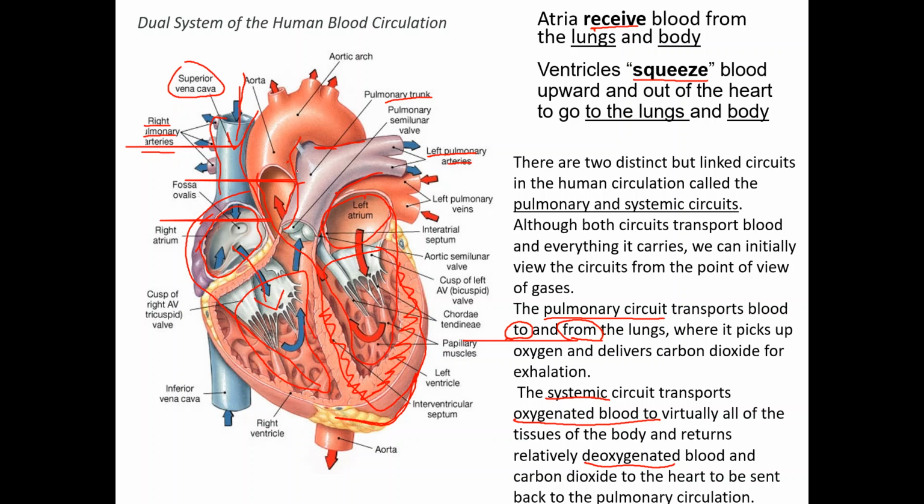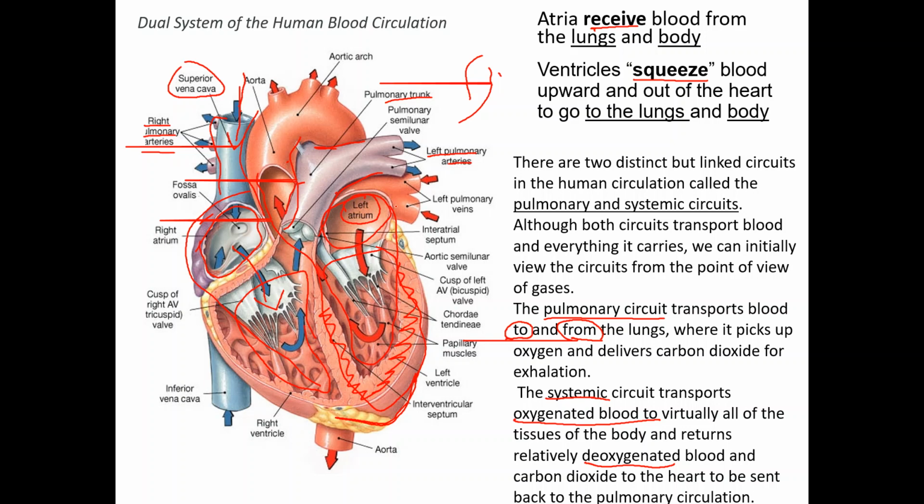Once the blood has gone to the lungs, it has to come back to the heart, because now it has to be pumped very energetically to the systemic circulation. And so it comes back here to the receiving chamber, which is going to be the left atrium in this case.